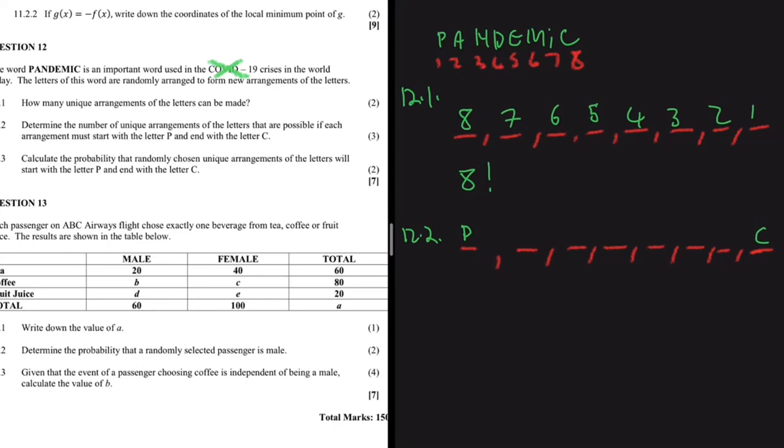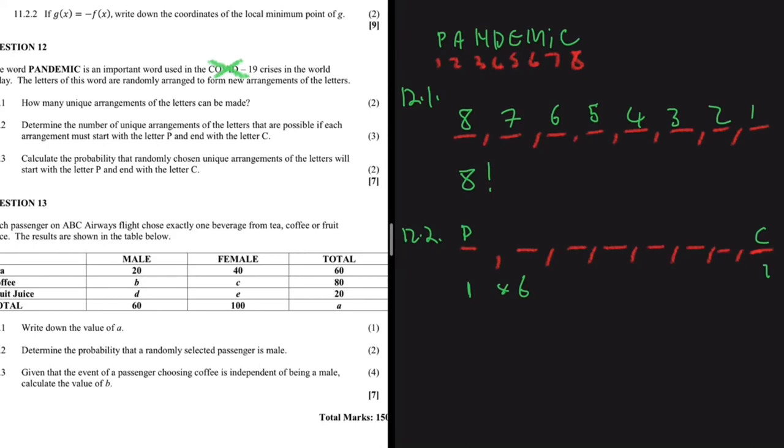So here on the first position, we only have one possible letter, which is P, right? So we have 1. And then on the second position, there are 6 possible letters because of the 8, one letter is in position 1 and then one letter is in the last position. So this second position, we have 6 possible letters that we can place there.